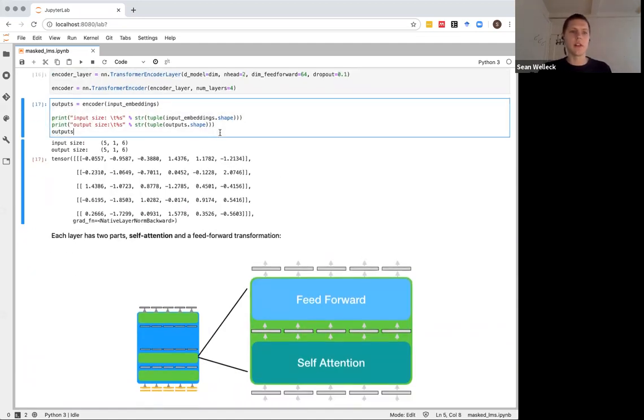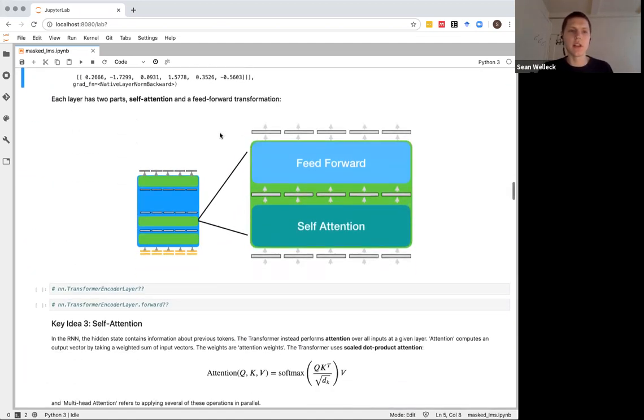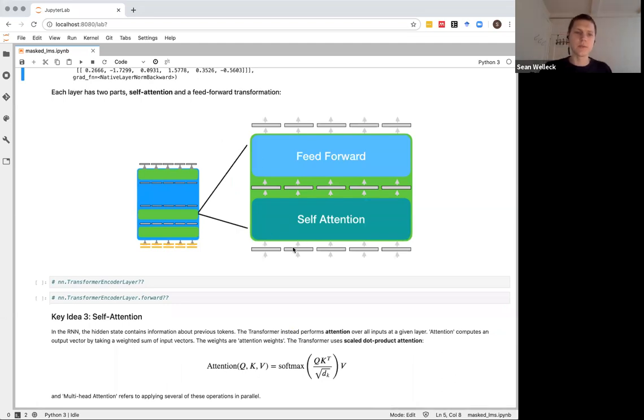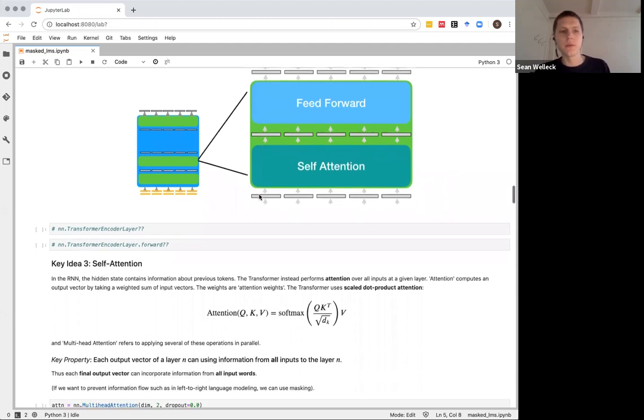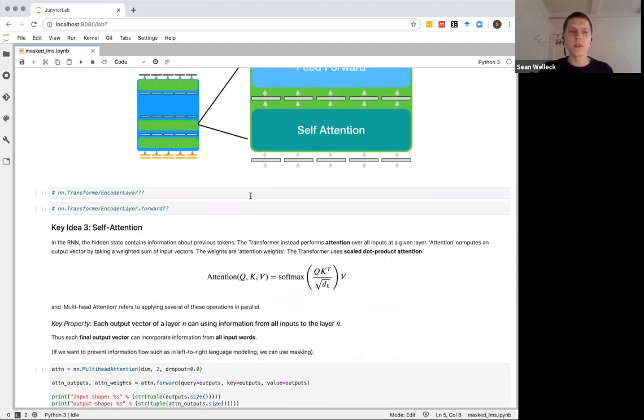Okay, so now we can take a closer look at these layers, and they're going to consist of 2 parts: self-attention and this feed-forward network. Again, we're taking some vectors as input and transforming them into some new vectors as output. Okay, so self-attention.